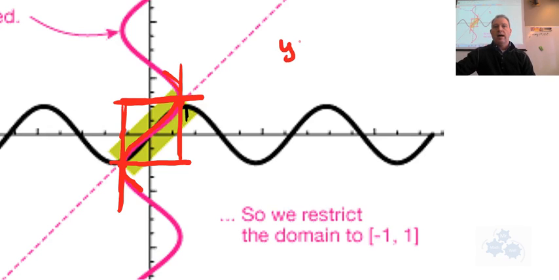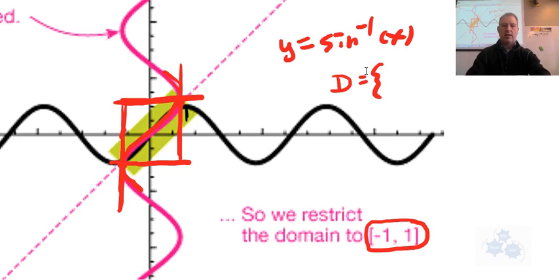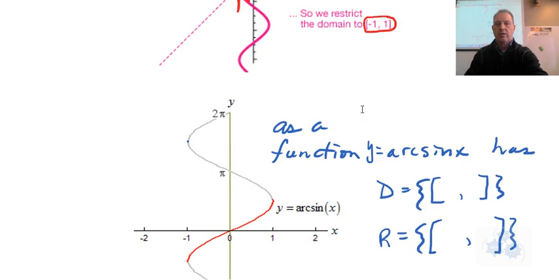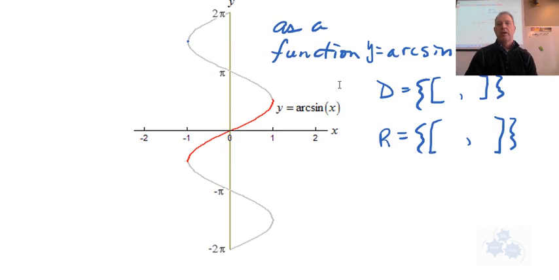So when we say y equals sine to the negative 1 of x, it's only a function from negative 1 to positive 1. So it's a function when the domain is, and actually I think I have this started somewhere else. Yeah. Here's the new graph, kind of the next slide here for you. Okay? So arc sine is a function when the domain is restricted from negative 1 to 1.